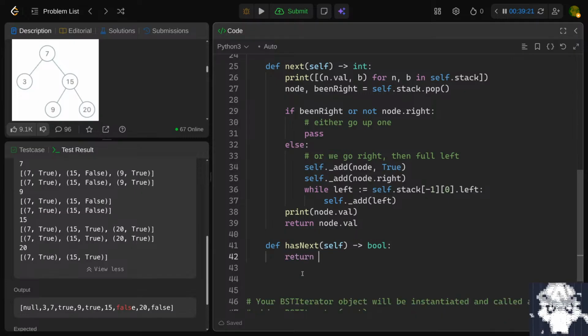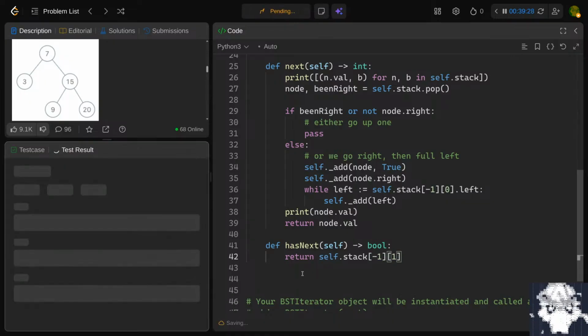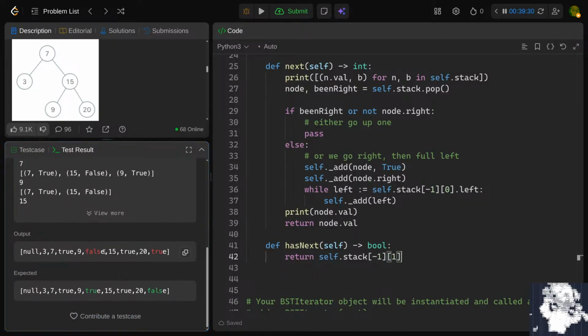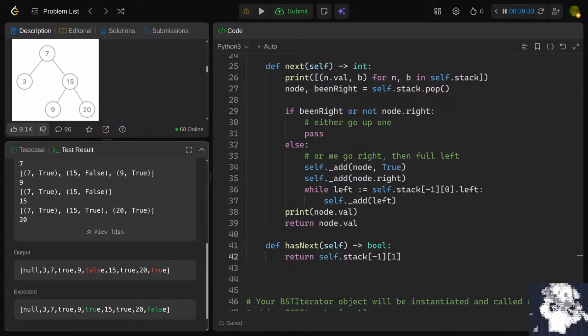So that would just be return self.stack of -1, 1. That happens after 9. Oh, I guess at this point we're, no, wait, why does that happen?